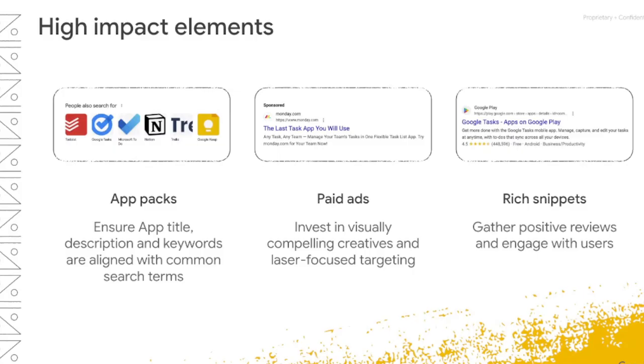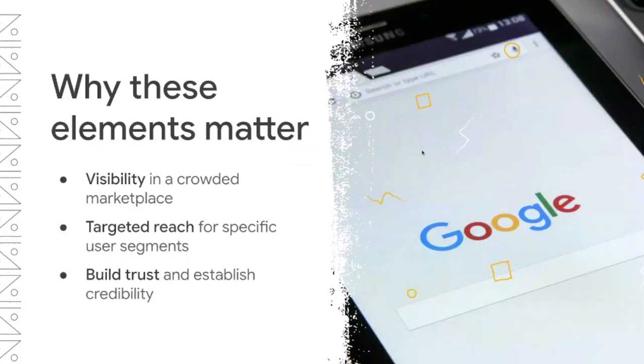All right. So now that we've discussed the different elements that make up a search engine results page and also how they impact your listings, we are going to move on to why these things are important and why they matter so much. Why do we need to take them into consideration?